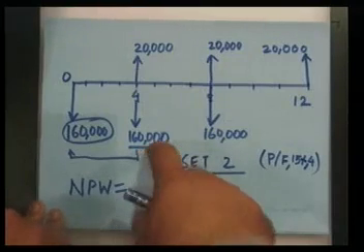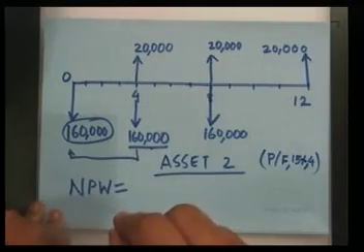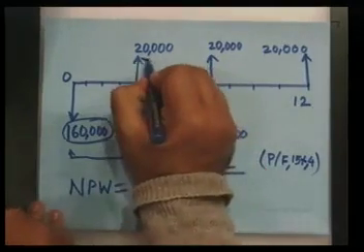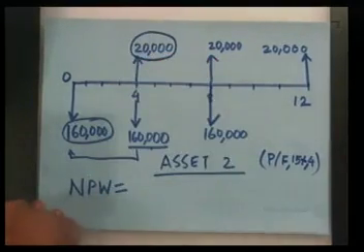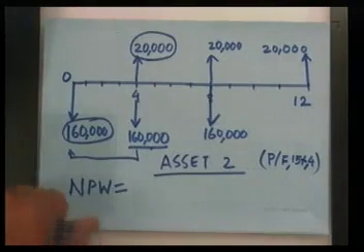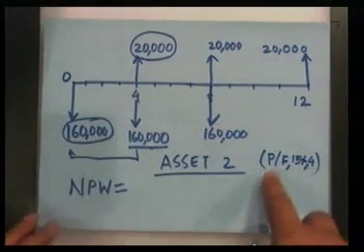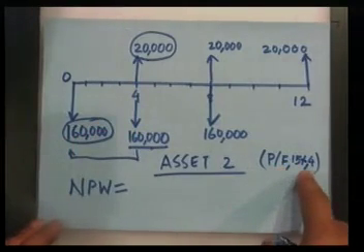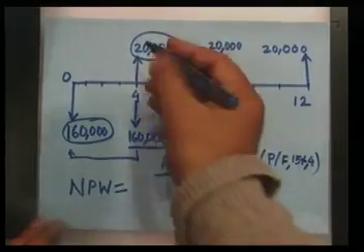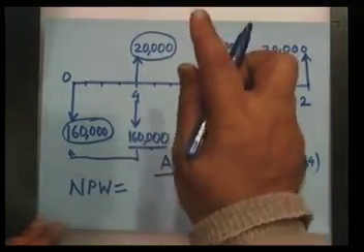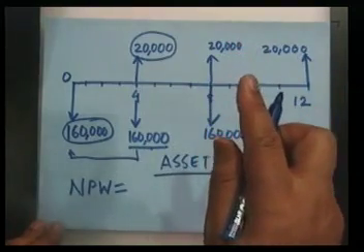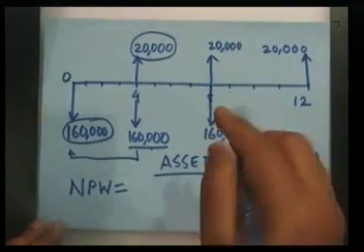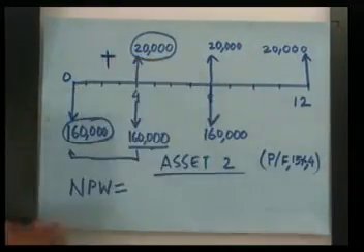All these things are on the negative side. When it comes to this 20,000, I will calculate the same factor, P given F at 15% for n equal to 4, and multiply it with plus 20,000. Why? Because it is on the plus side. This is one way.